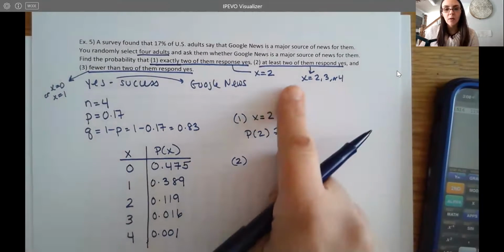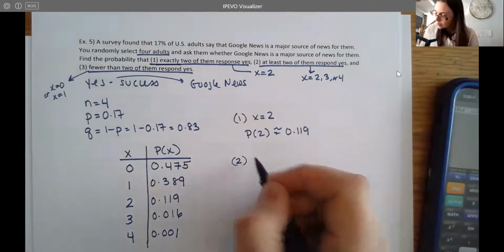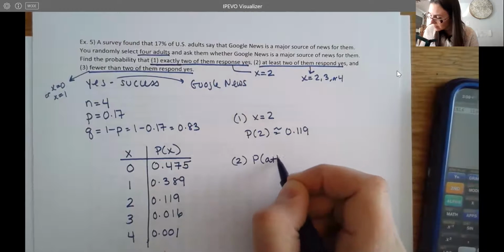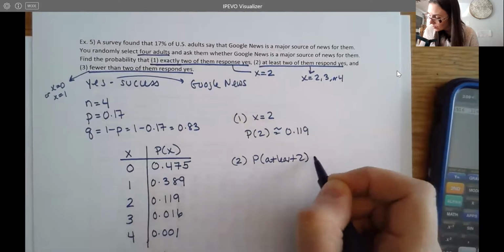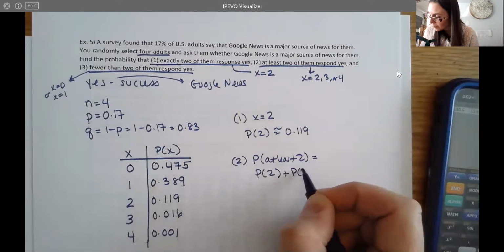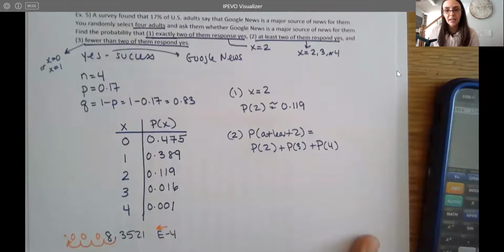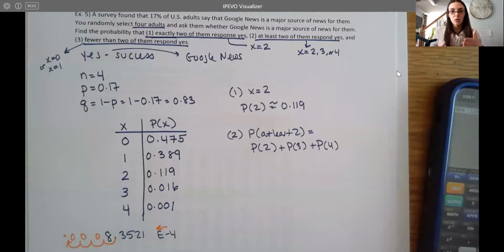Now for the second one, I want at least 2. So the probability of at least 2 means that I can count the probability of 2 plus the probability of 3 plus the probability of 4. So this is actually an or idea because I could have 2 or 3 or 4. All of those would be considered good.